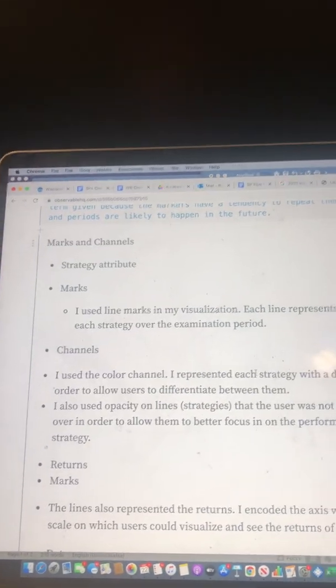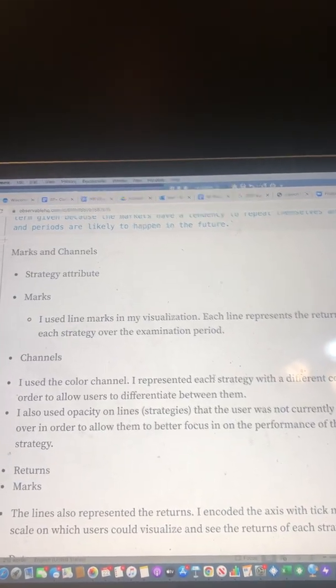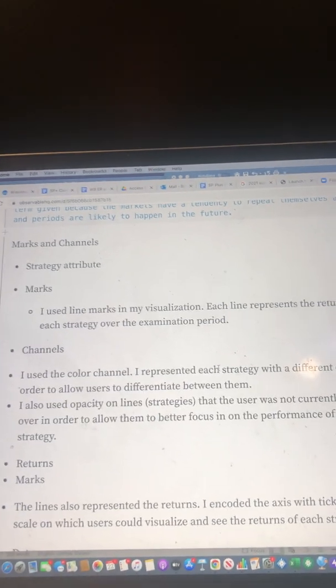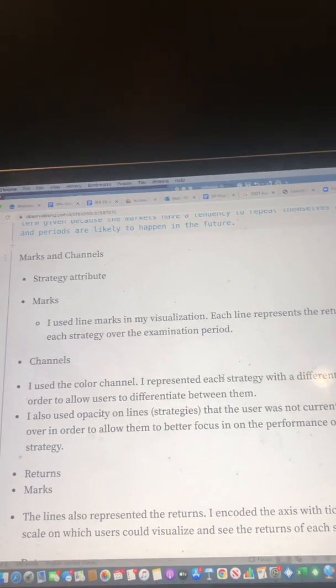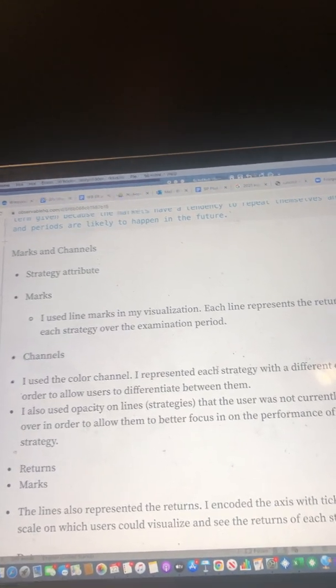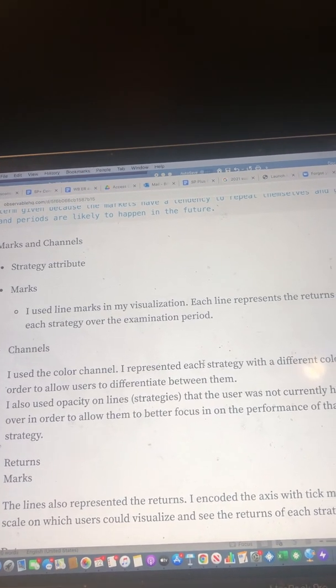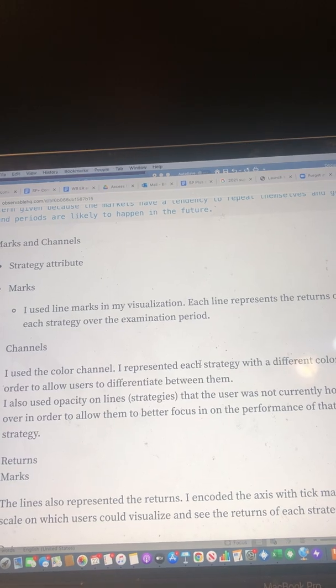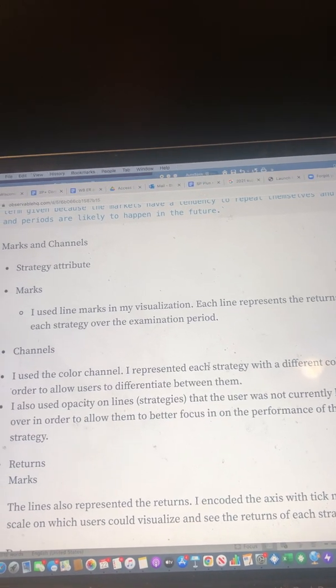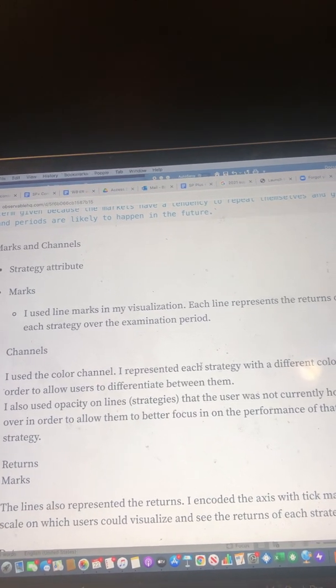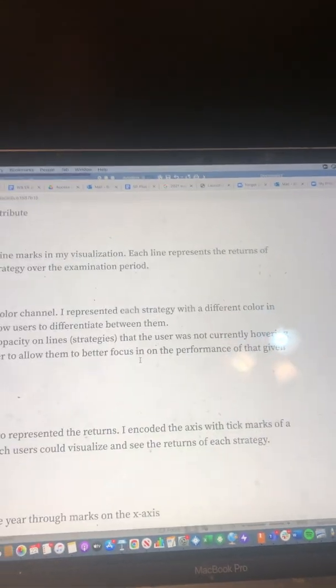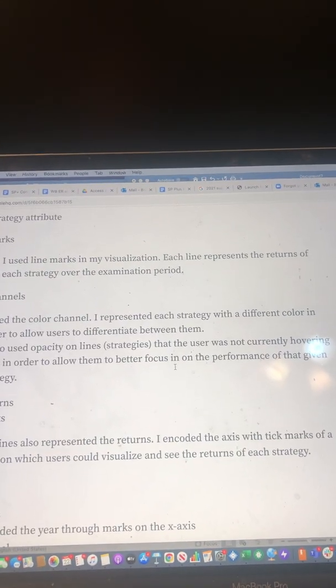One other thing to hit on briefly is the marks. There were line marks used for the strategy attribute, and they were encoded with the color channel as well as the opacity channel on the lines to help users differentiate which lines they're actually looking at, to focus on specific strategies' performance while still seeing the other ones in an opaque fashion.